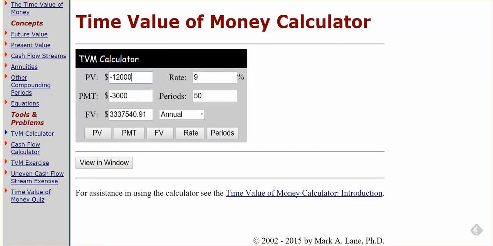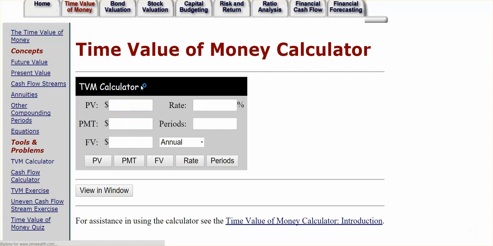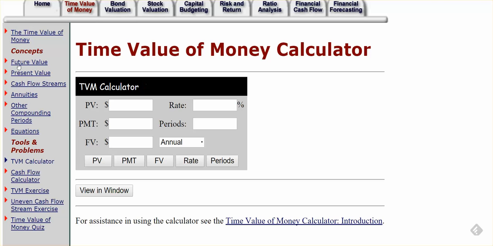Okay, but back to the practice problem. So the third question says if you finance a car loan over 4 years with a rate of 12% compounded monthly, calculate the monthly payment if you borrowed $18,000. So even though we're dealing with monthly compounding, I'm going to leave this at an annual time period, and I'm just going to adjust my rate.